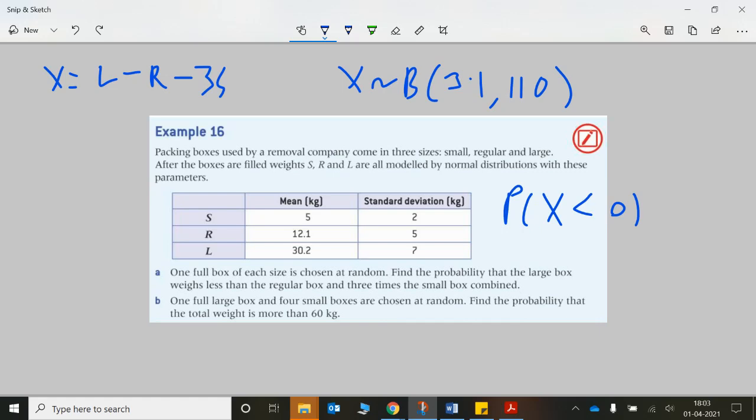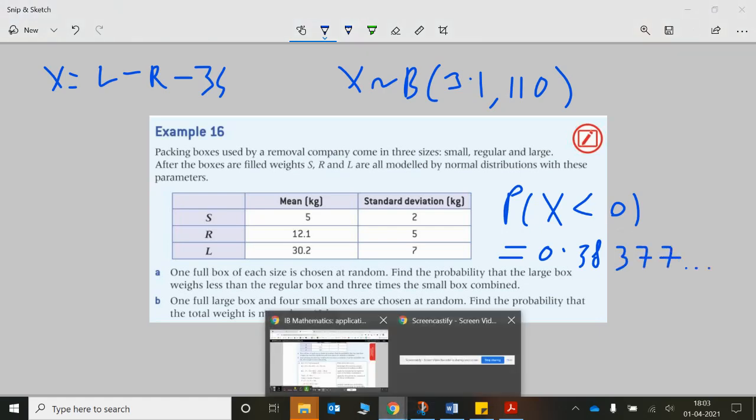And the mean is 3.1, and the standard deviation is, and I'm going to put in the square root of 110. I'm not even going to calculate what that is, I'm going to put it straight into the calculator. So square root of 110, and it gives me 38.4%. So we're getting 0.38377 carries on there.